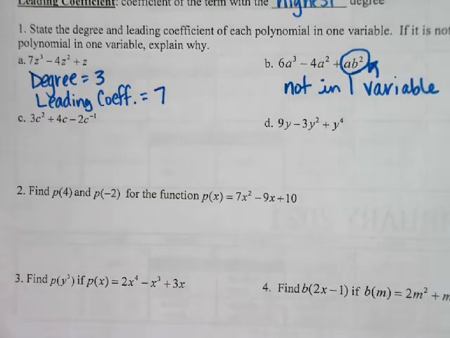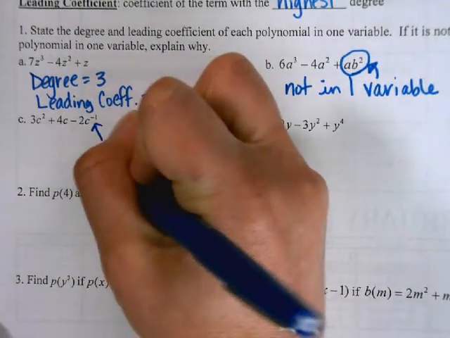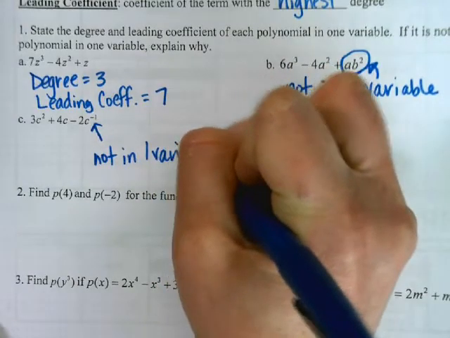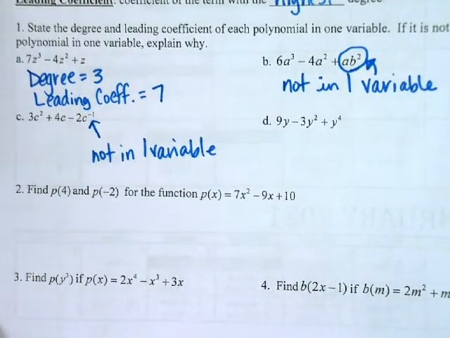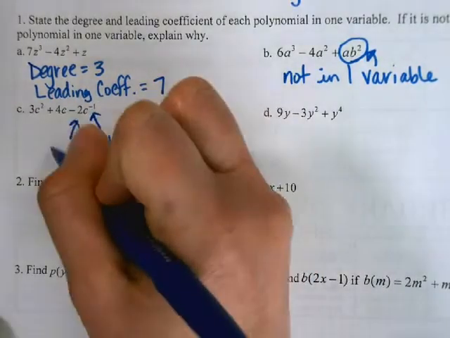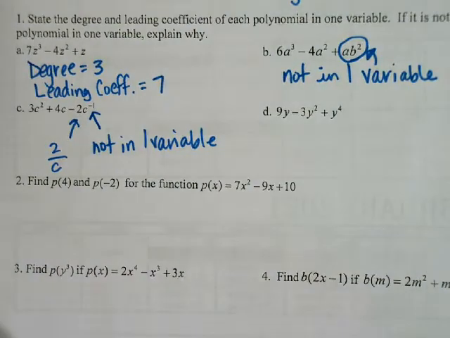Okay, how about letter C? 3c squared plus 4c minus 2c to the negative 1. Is that guy in one variable? No, we got a negative exponent. Remember that negative exponents make it move? So that guy would really be 2 over c, and that gets a little crazy when we go to solve.